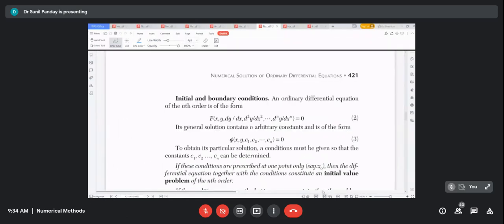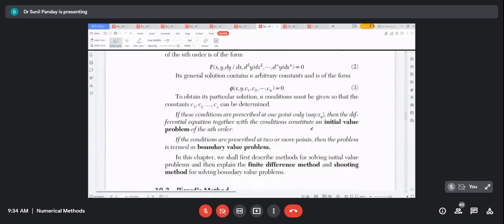Initial condition. So for initial condition, we have conditions like y at x naught, y dash at x naught, y double dash at x naught, and y (n minus 1) dash at x naught. If this is the situation, then it is known as initial value problem.